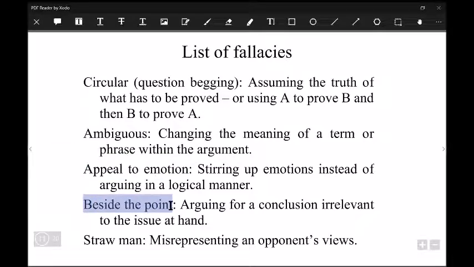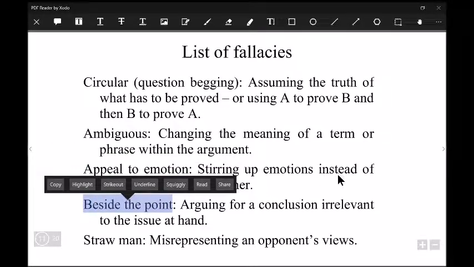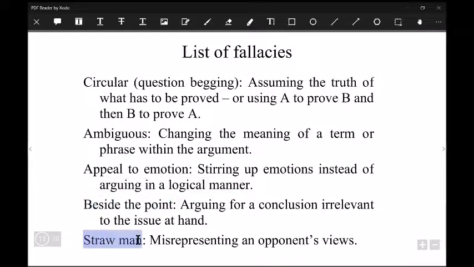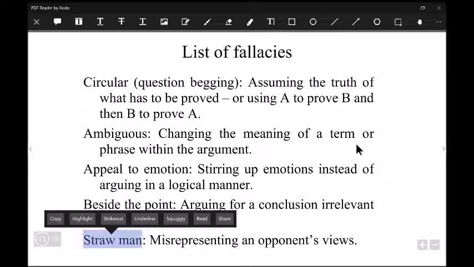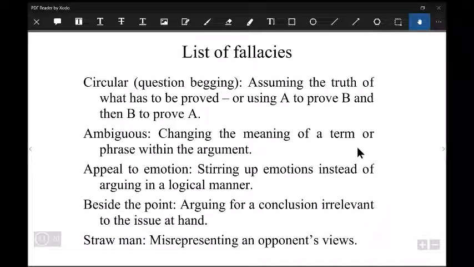Beside the point is where you argue for a conclusion irrelevant to the issue at hand. Like, let's say you're debating an issue and you give an argument for something which isn't really related. Straw man or scarecrow is where you misrepresent an opponent's view. We talked about those last time, the first 5.